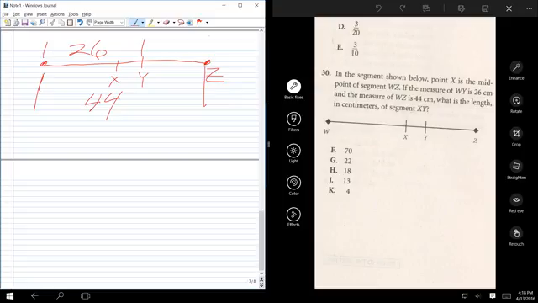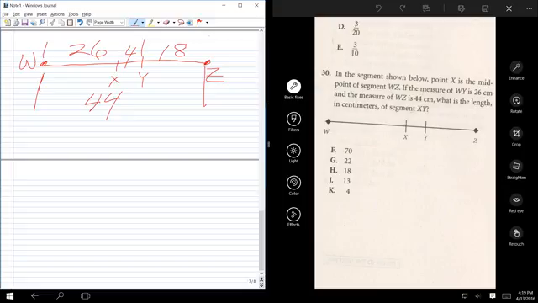Let's see. X is the midpoint of WZ. So it's 22, and then 26 minus 22 is 4. Right. So 4 is the answer. Well, no, hold on. This segment is 18, is it not? Where am I going wrong here? Hold on a second. WZ, they don't give it. Yeah, it's 44. They say X is the midpoint.